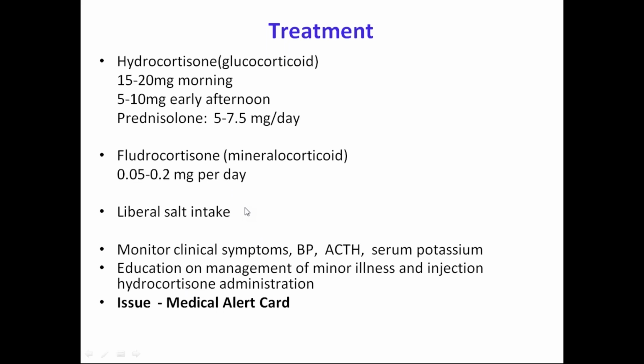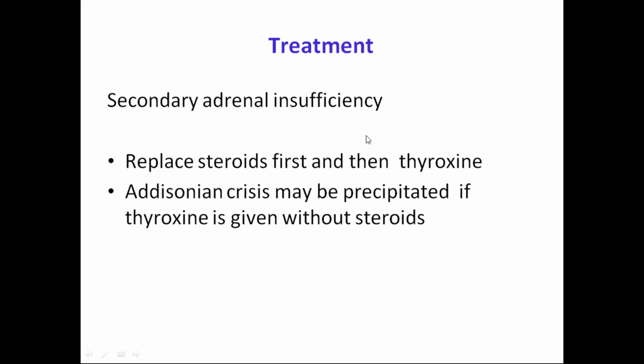If a patient wants to have surgery, hernia surgery or any major surgery, we should not stop the prednisolone dose. We should increase the dose at that time, because surgery is a stressful state. They require more steroid, because the patient's endogenous production of steroids is absent. So we have to give an additional dose. That's why we have to issue a medical alert card.